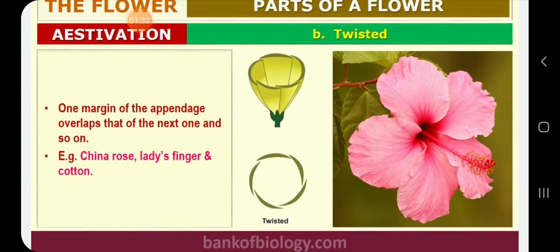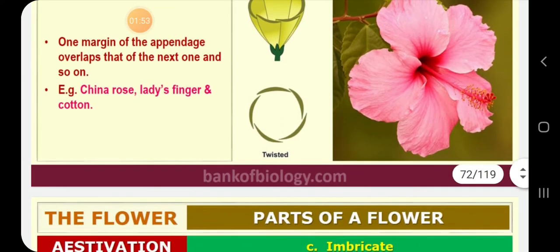Twisted means one margin is overlapping on the next; not both margins are overlapping, only one side overlaps. For example, China rose, ladyfinger, cotton. This type is called twisted estivation.